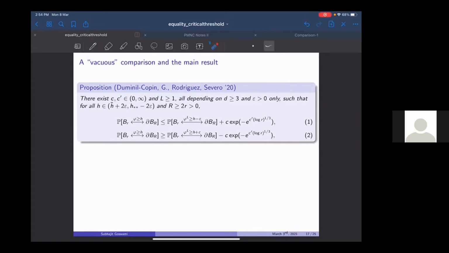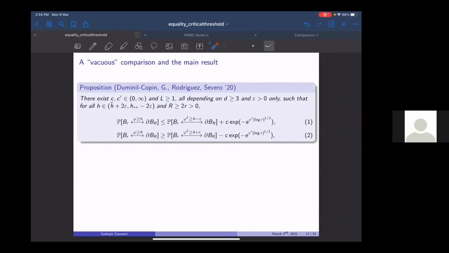It says that, yes, it indeed appears that you can compare connection probabilities with the same for this truncated model, introducing a little bit of wiggle room of epsilon, which you can make arbitrarily small, and introducing some additive error, which is very small anyway. It's exponential in log to the 1 over 3. It's as small as you can. Yeah, it's quite small, not exponential though.